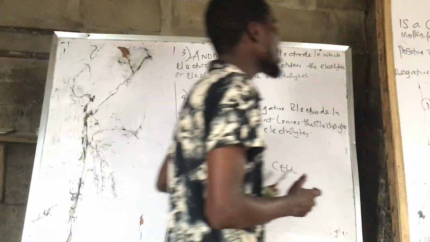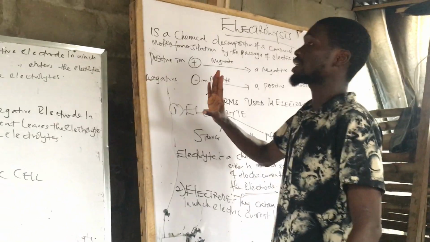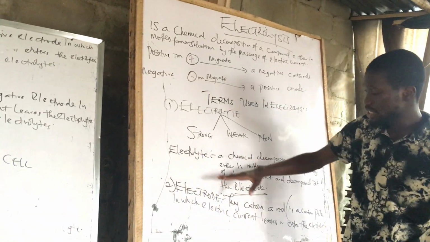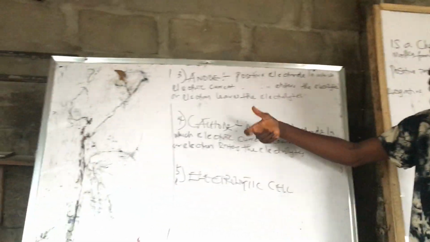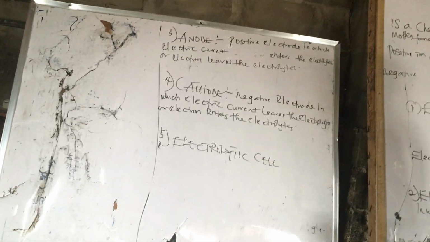So class, this is the main thing we ought to understand, because if you don't understand the concept of electrolyte, electrode, anode and cathode, then to be able to explain the electrolytic cell will be very, very difficult.